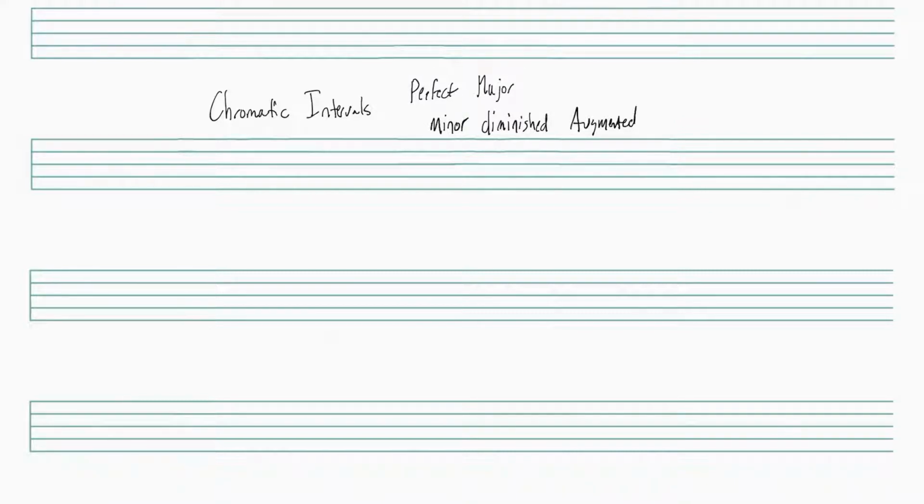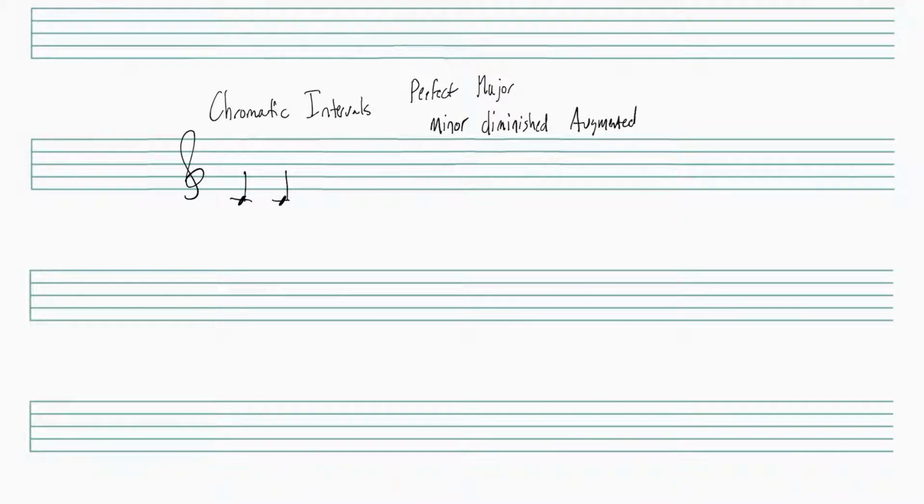The perfect and major intervals, if you remember your major scale, let's go back to our good old C major scale, and the diatonic intervals in that. I'm going to jot this on the right hand side here. You have the unison, so if you were to play a C major scale, two C's.